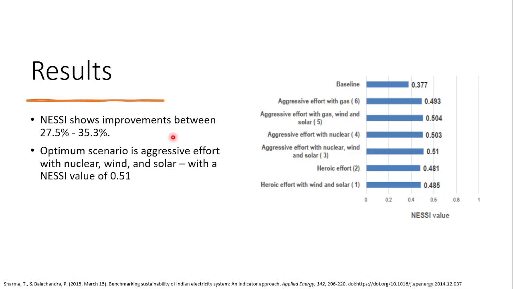So the electricity system showed an improvement of around 30% from the baseline, right? From 0.377, you're increasing it to 0.51. And the optimum scenario is aggressive effort with nuclear, wind and solar, so that's 0.51, right?